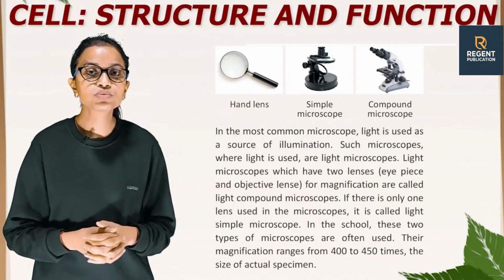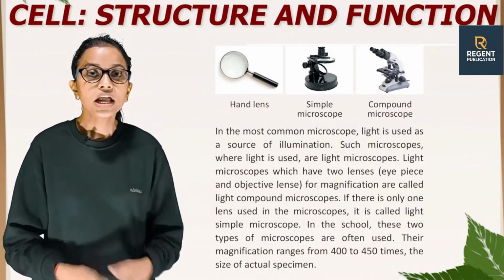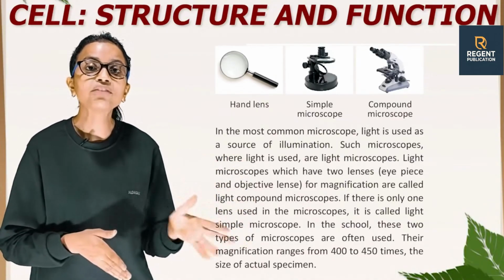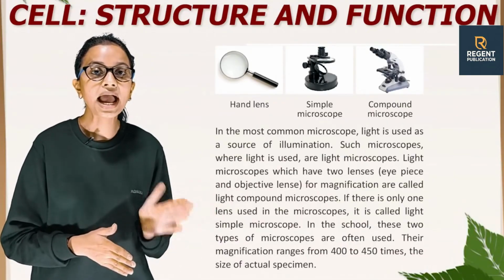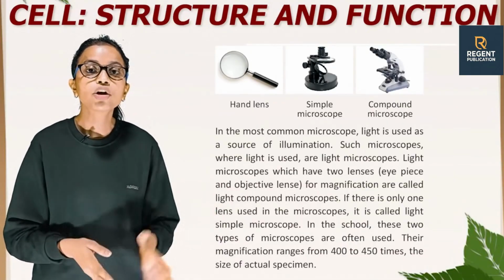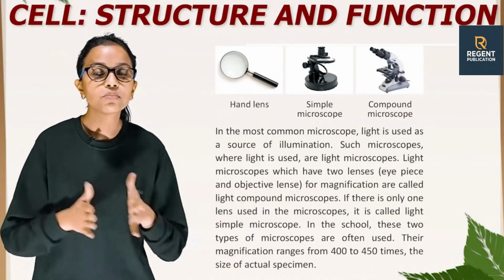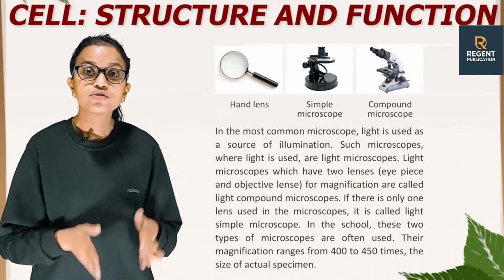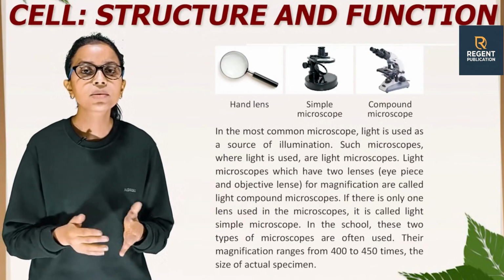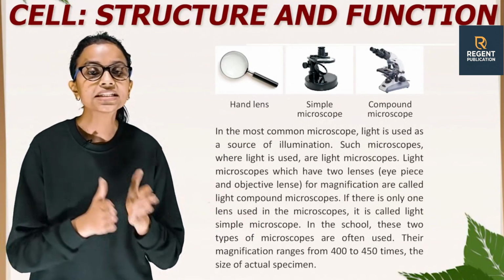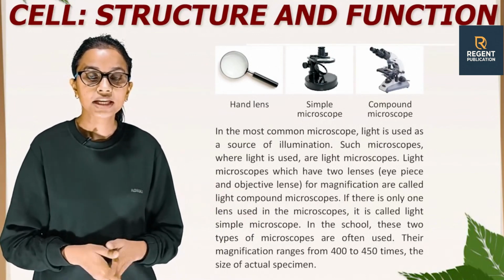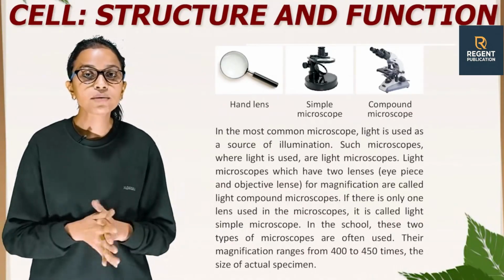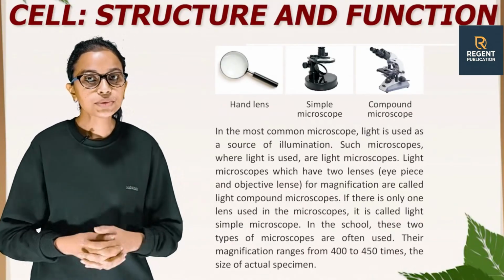Light microscopes have two lenses. Light microscopes which have two lenses, eyepiece and objective lenses, for magnification are called light compound microscopes. If there is only one lens used in the microscope, it is called light simple microscope. In the school, these two types of microscopes are often used.